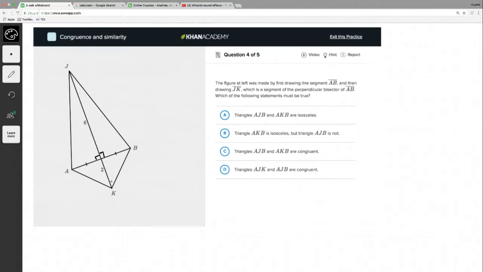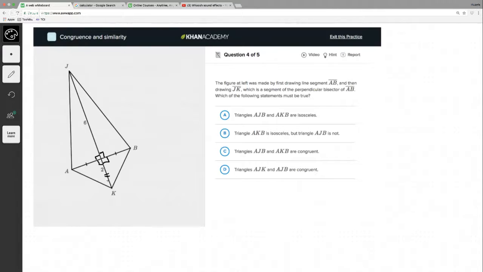Oh, wait a minute. We can, because I just realized. All right, this is how I'm doing it. We can show that these triangles are congruent, and therefore, I don't know if we can say they're isosceles, but we can say they're congruent. So this triangle is congruent to this guy by side-angle-side.